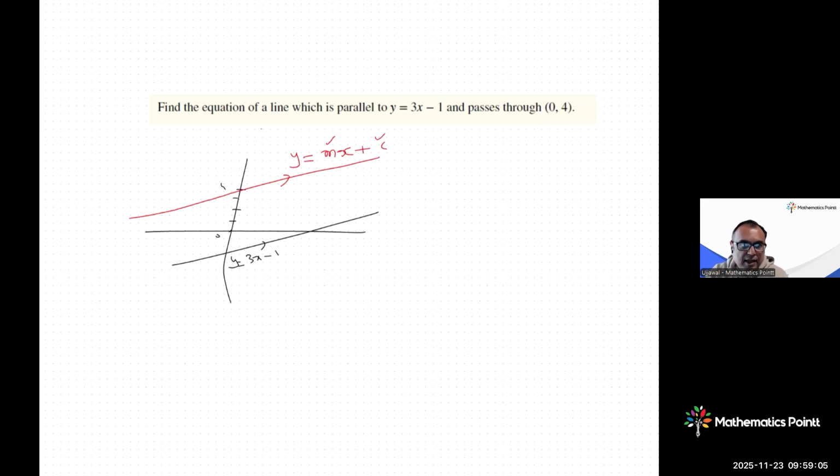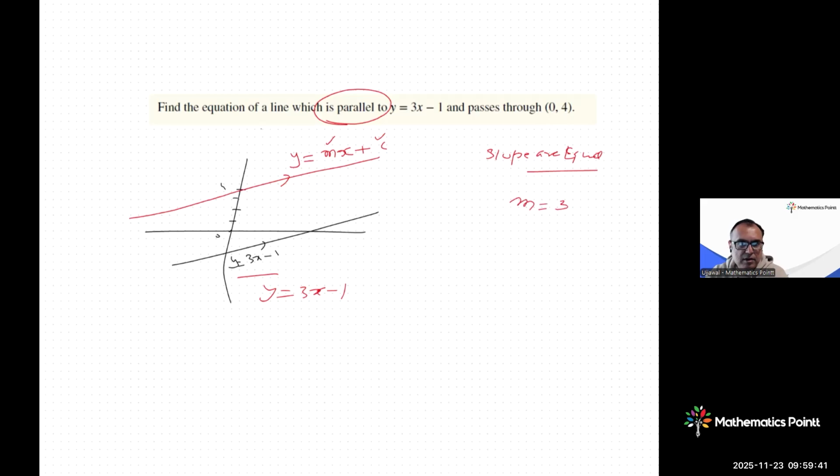Now, the line is parallel. And I told you for parallel lines, the slopes are equal. Slopes are equal. Now, I want you to quickly tell me on chat, this line, y equals to 3x minus 1, what is the slope? Quick, 10 seconds now. All of you, get your fingers warmed up, quick. All right, thank you. So slope of this line is 3.